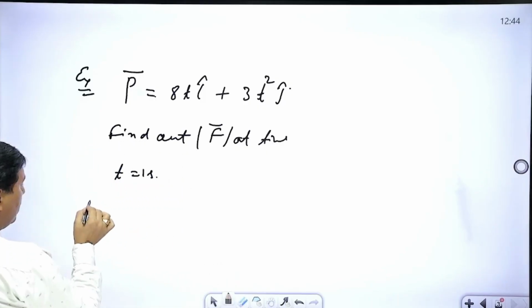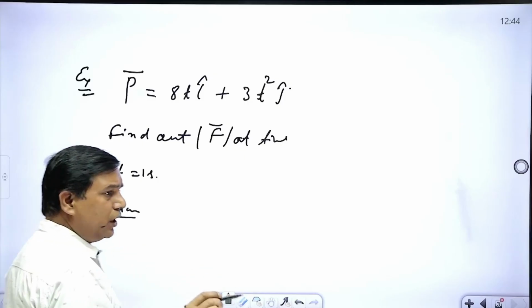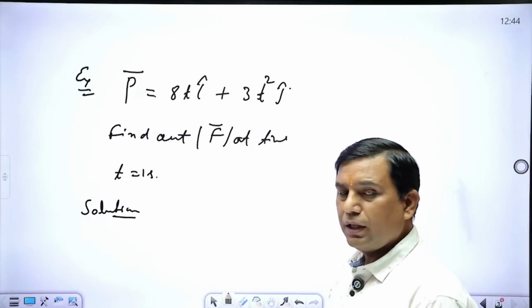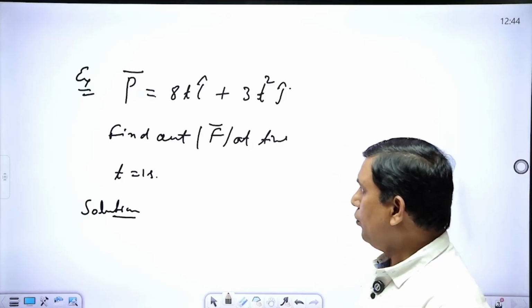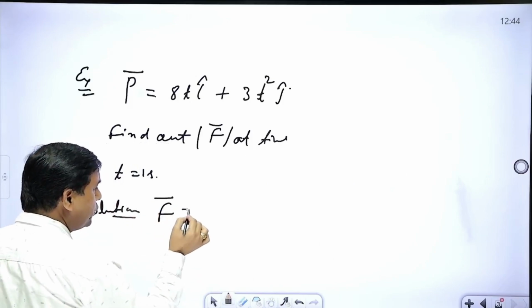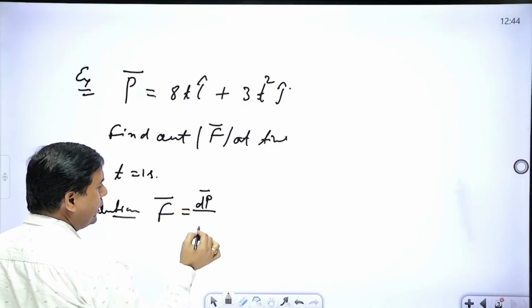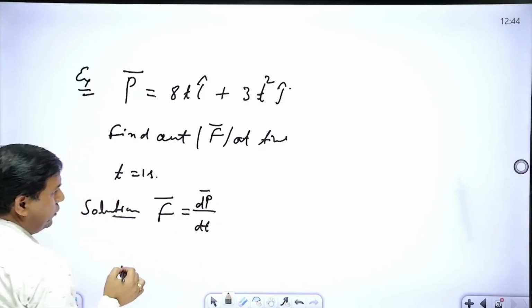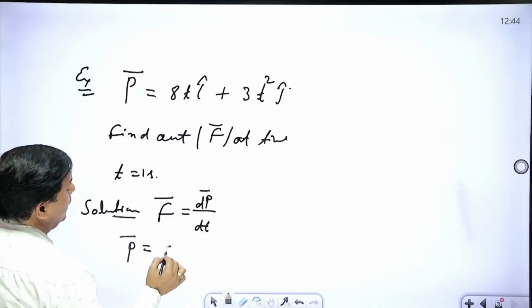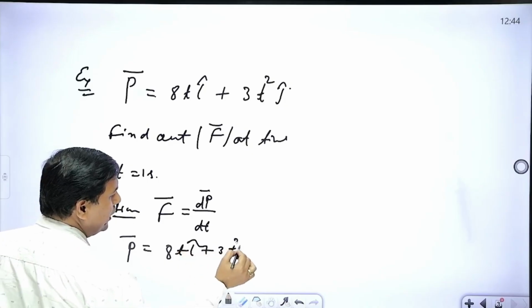How can we solve this? This is the solution. We do not use the formula F equals ma, nor the formula with dv upon dt. We use the formula F vector equals dp vector upon dt. Now p vector is given as 8t i cap plus 3t square j cap.